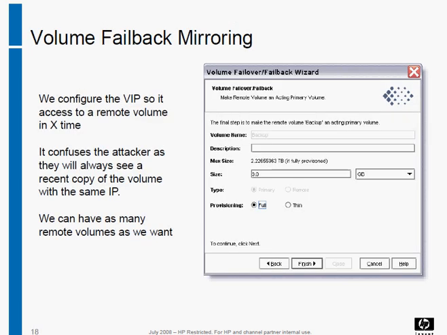Now the volume failback mirroring. We configure the BIP so it accesses a remote volume X time. Let's say you're being attacked on one of your volumes. For example, you have an SQL database that is being attacked by many requests per second. You can change that volume.